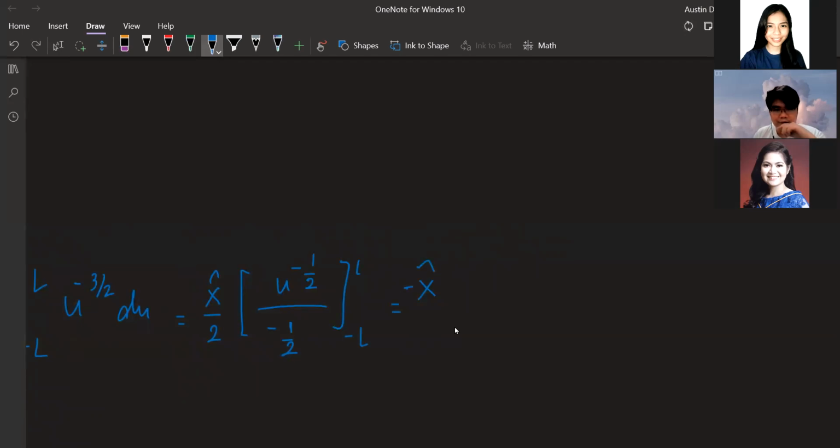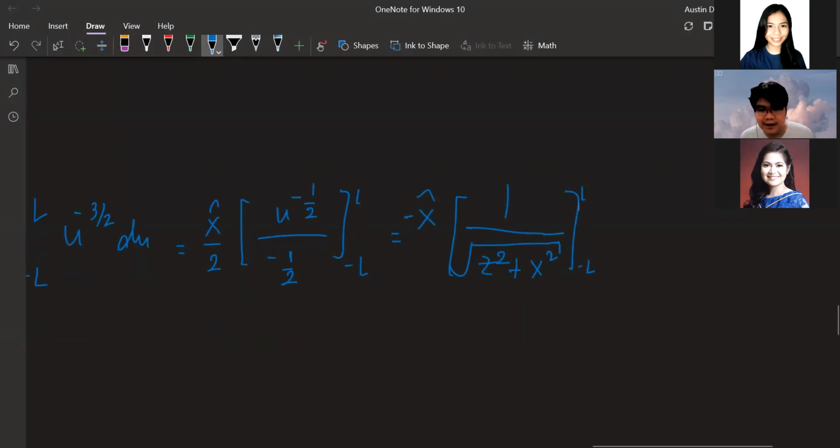Tapos yung u mo will be 1 over, dahil nasa denominator to dapat kasi negative yung power niya. So square root ng u will be z squared and then plus x squared. Evaluate natin to with respect to negative L and L. Ayan, pwede natin evaluate yung x sa negative L to L. Okay?